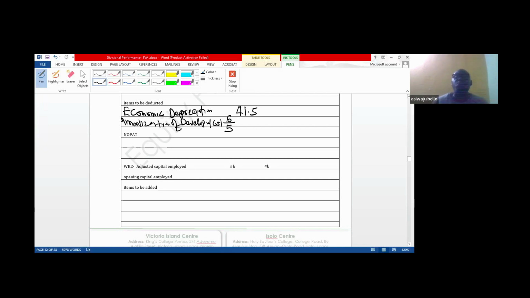Development costs incurred is 6 billion. The project will run for 5 years, so we are going to amortize the cost for 5 years. Please divide 6 billion by 5 years. What is the cost to be taken every year? One point what? $1.2 billion.